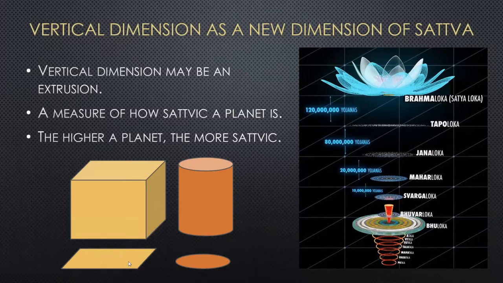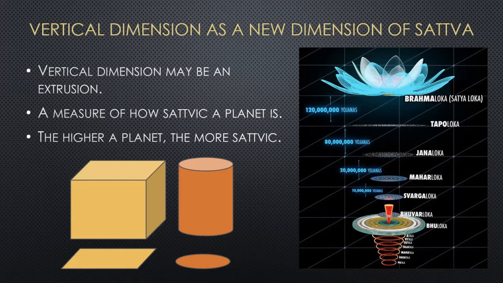You take a two-dimensional shape, like a square or a circle. And if you extrude a square, you get a cube. And if you extrude a circle, you get this cylinder.